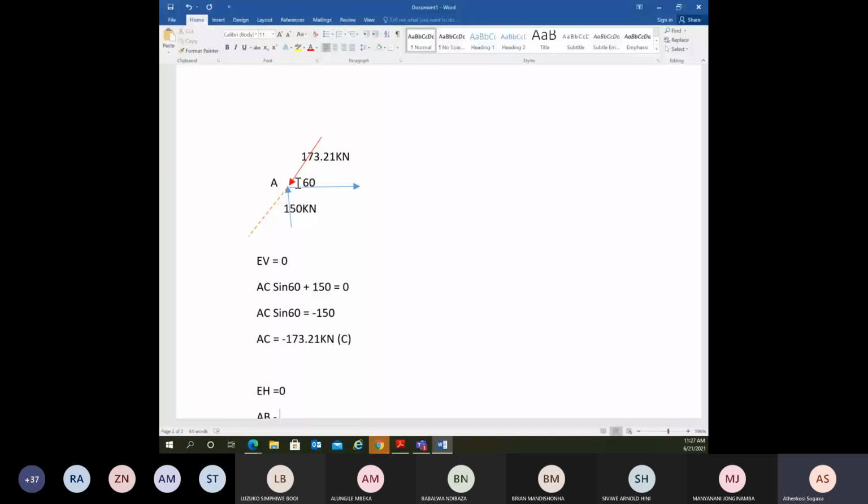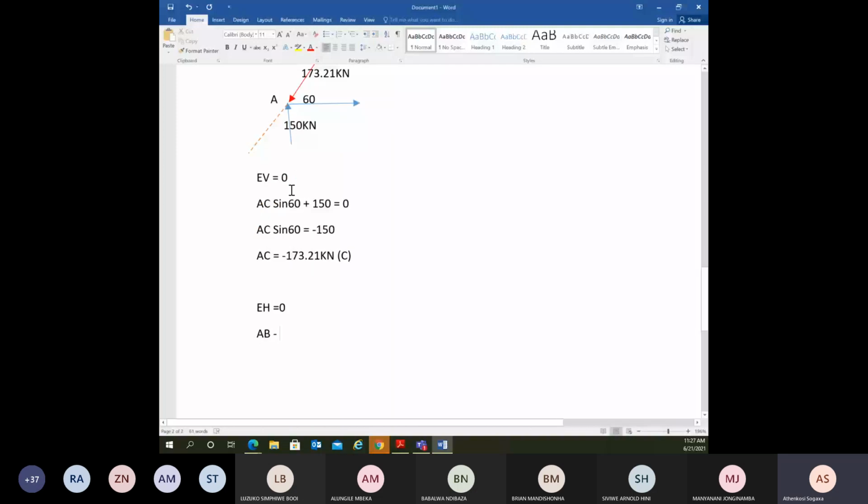You will use the correct direction, which now, compression means this force goes this way. Therefore I will say minus 173.21 cos of 60 degrees is equal to 0.